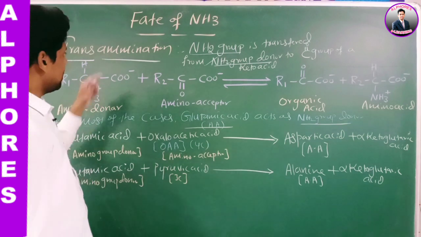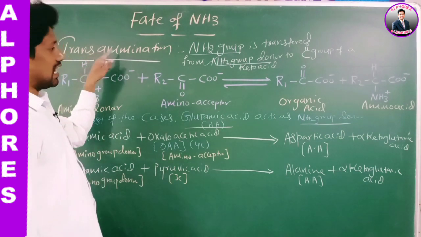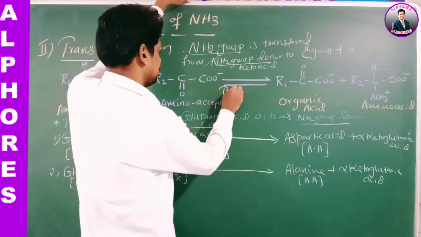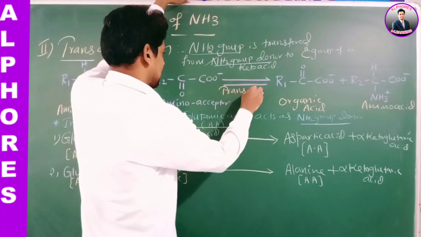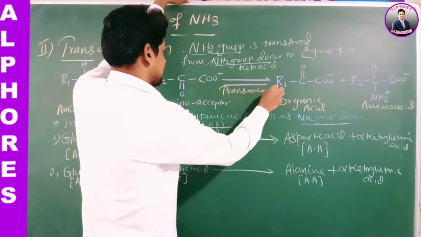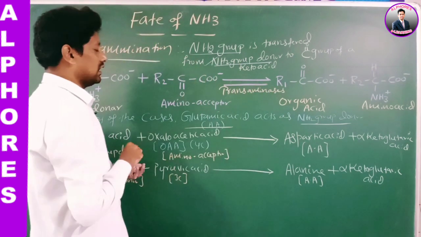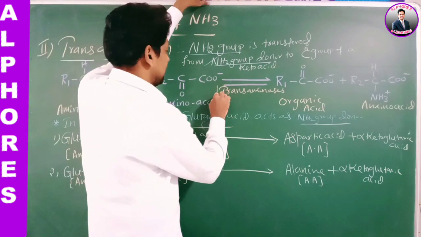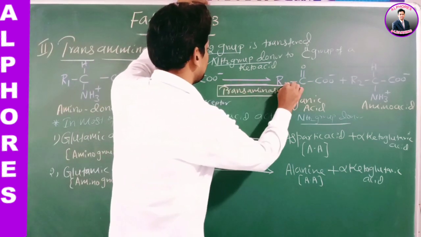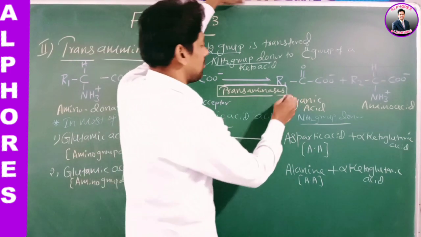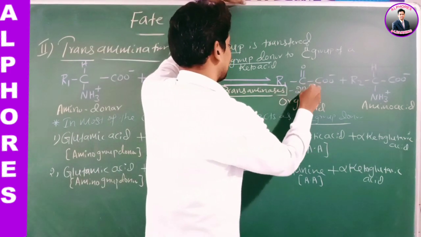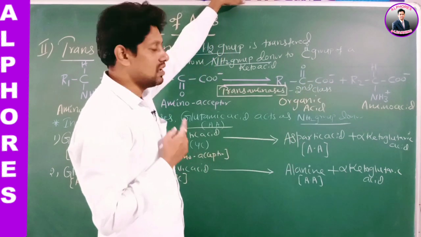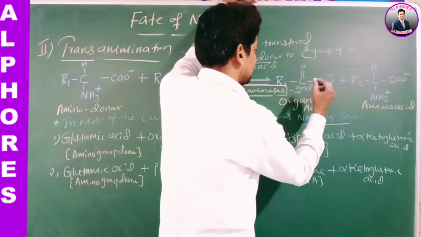Transamination reactions. The enzymes involved in this transamination reaction are transaminases. According to IUB classification, transaminases come under the second class.